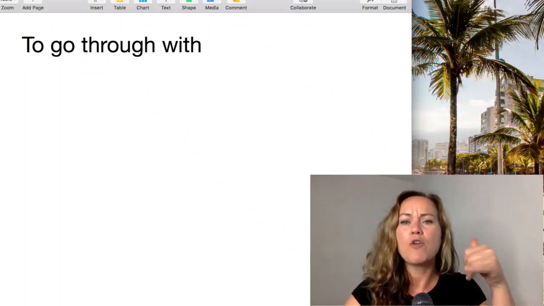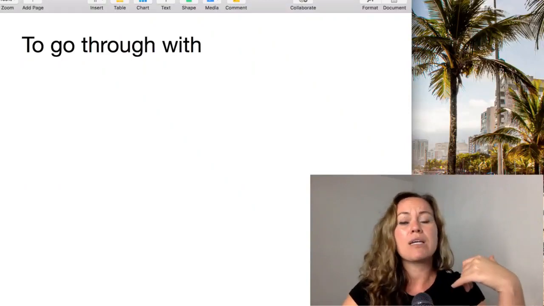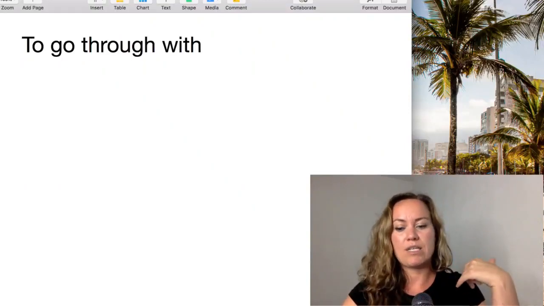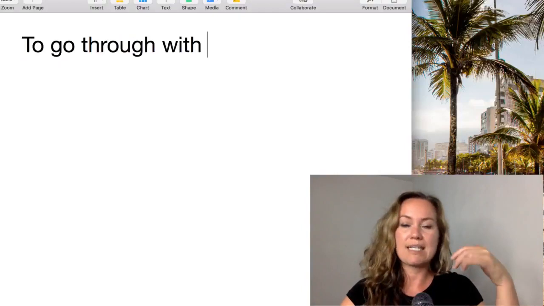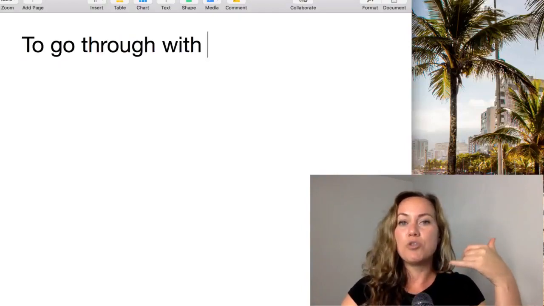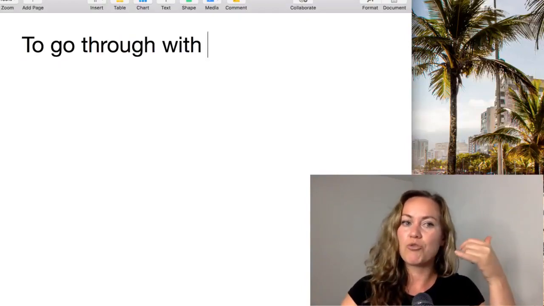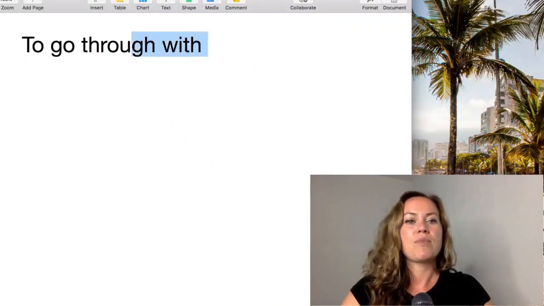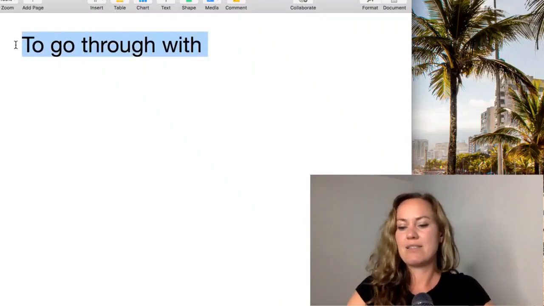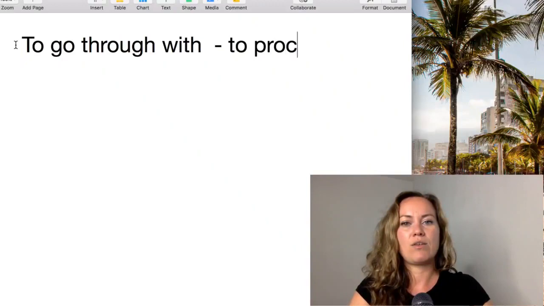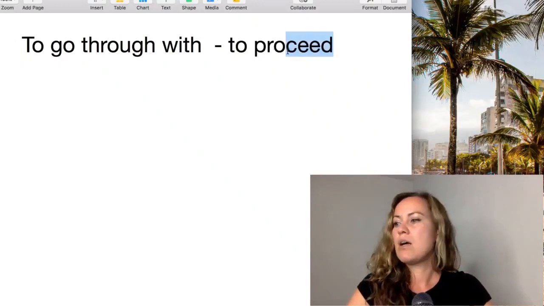So often if you're on the phone buying something, the operator or the staff person or the salesperson will ask you, do you approve this purchase? Do you want to go through with this purchase? So to proceed is basically what it means.